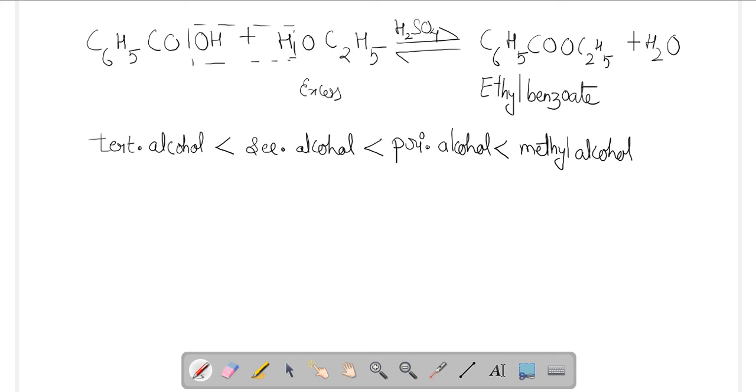Similarly, for the carboxylic acid also, if the alpha carbon has the tertiary arrangement, then it will have the lowest chance of forming the esters as compared to the secondary one.